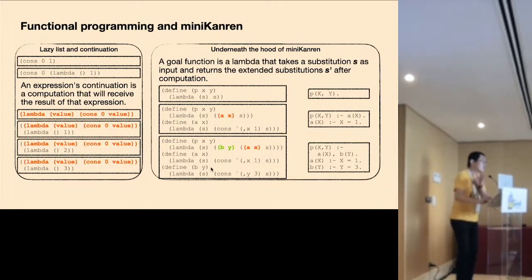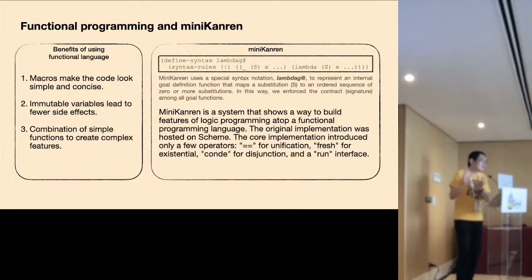Okay, so that's the very simple, essential part of miniKanren. This lambda is how they created the special syntax notation to represent the internal go function, which maps the substitution s to a sequence of 0 or more substitutions. In this way, they kind of enforce the contract. Okay, there's no surprise.